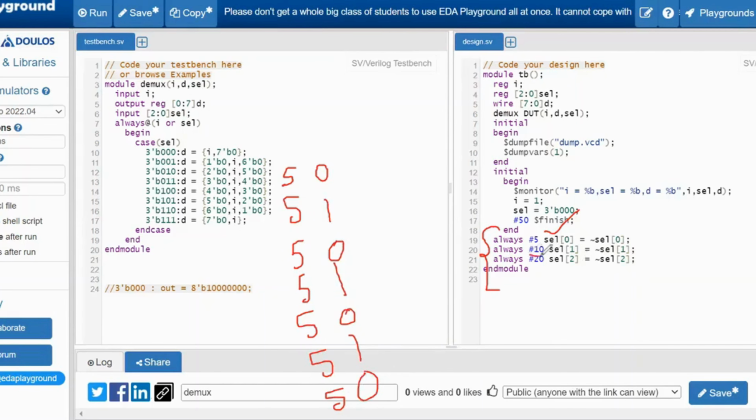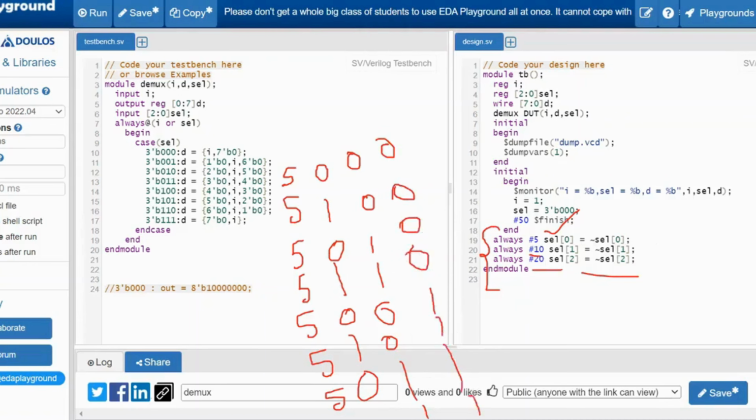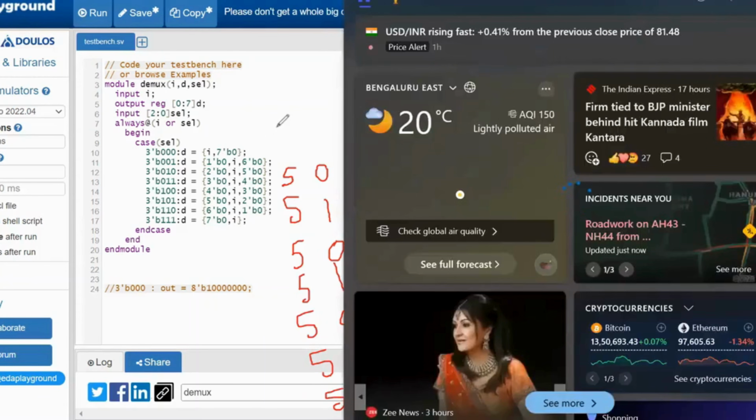For the 0 selection line, for 10 time units, it will be complemented. Initially it is 0, next ones, zeros, next ones. For every 20 time units, it will be complemented. For all zeros, it is 20 time units, then all ones, then again after 20 time units, it complements.